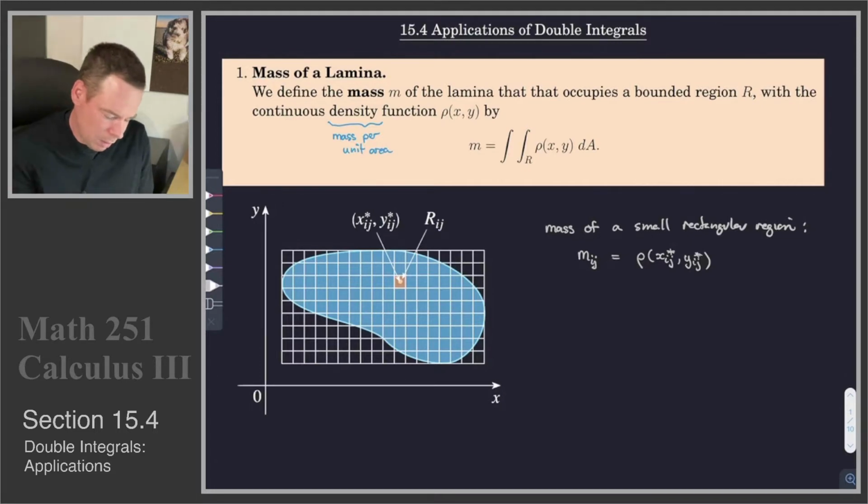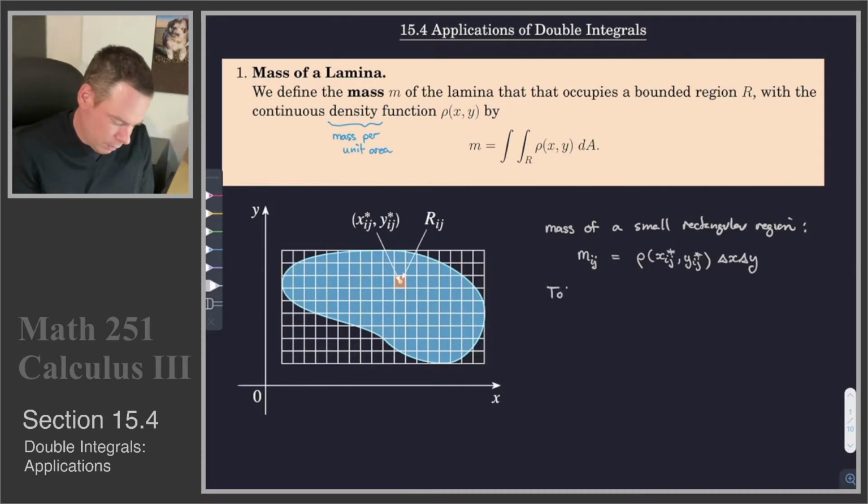So for right now we chop it up into little bits. The density of the ith-jth little bit is rho of xij star, yij star. We multiply it by the area of the little bit, which would be delta x, delta y. That gives us the mass of that tiny little rectangle, and then we sum over all of them.